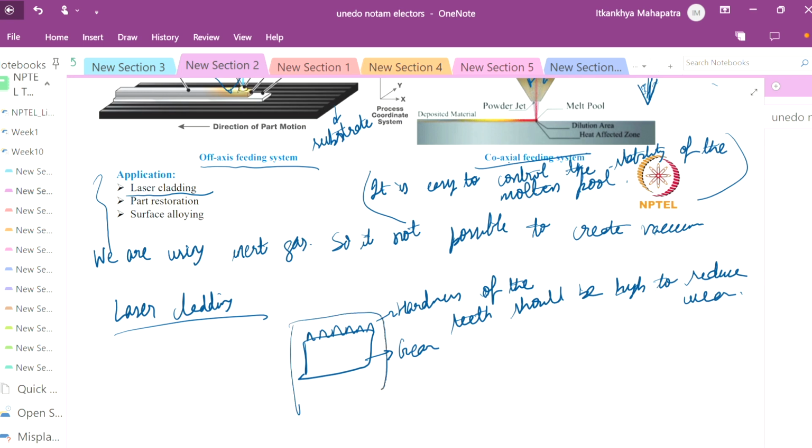So instead of making the whole gear from a wear resistant material, we can just make the teeth from the wear resistant material, to improve the hardness of the teeth. This can be done by laser cladding.